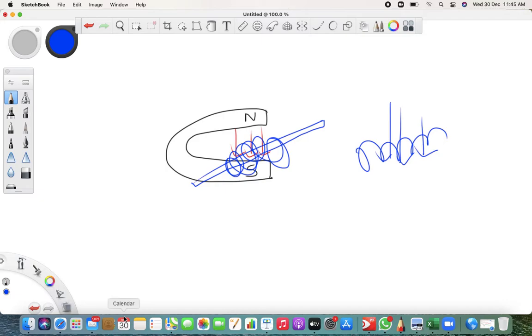We are putting the current carrying wire in the middle of the horseshoe magnet, so two magnetic fields overlap. When they overlap, they interact with each other such that there must be either an attractive force or a repulsive force between them. That is what we are going to learn.